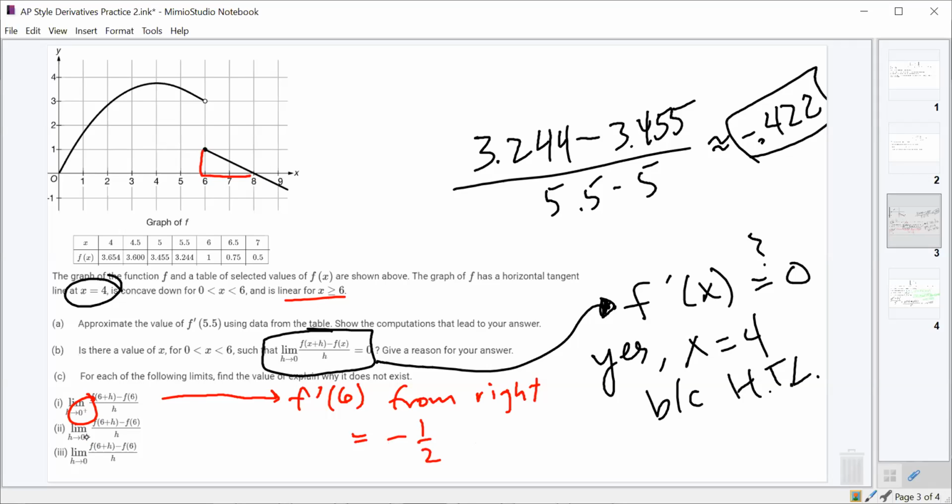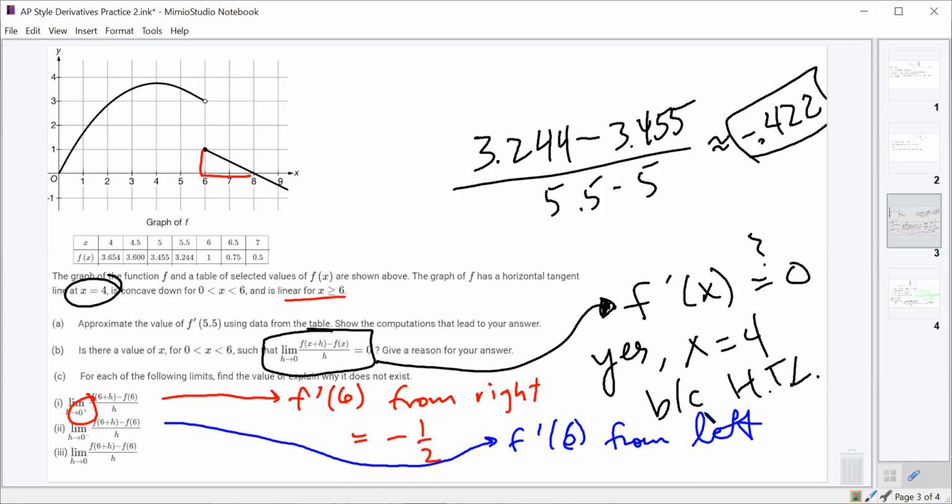And then what about this one? This one is f prime of 6 from the left, because it's got the minus sign there. So can I take the derivative coming from the left at 6, where there's an open space there? Can a derivative exist at a point that doesn't exist?